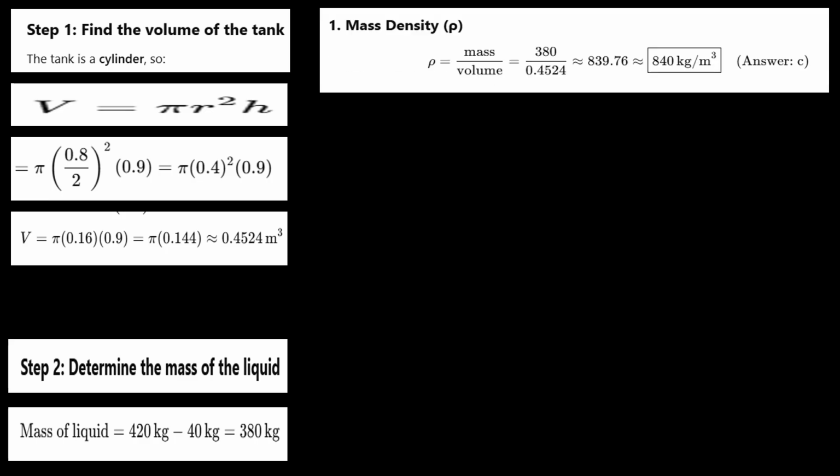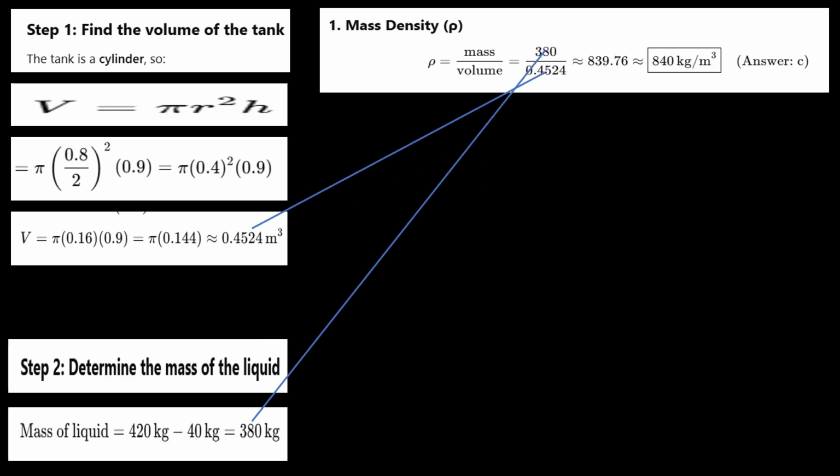Since mass density rho is equal to mass over volume, let me show now the calculation. Rho is equal to 380 over 0.4524, which is equal to 839.76. Rounding up, we have now 840 kilogram per cubic meter. Therefore, our answer is letter C.